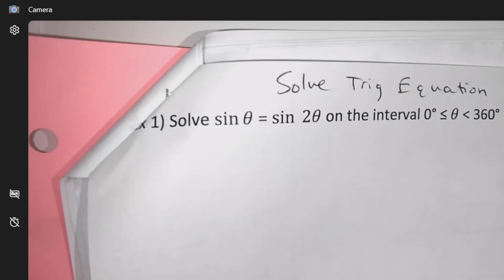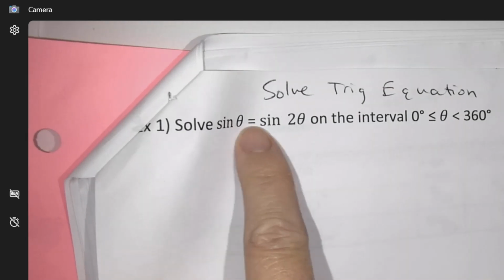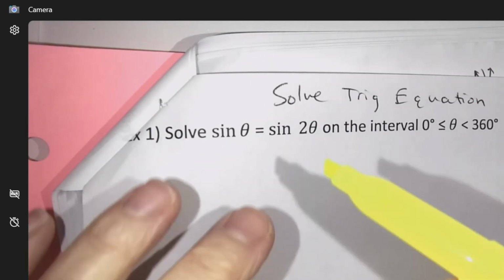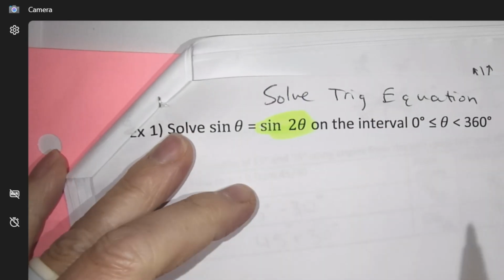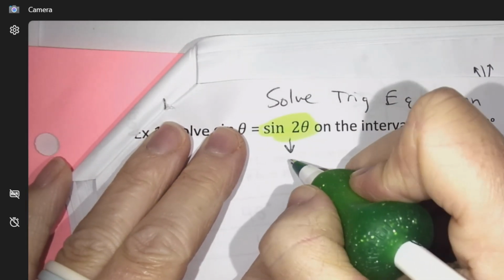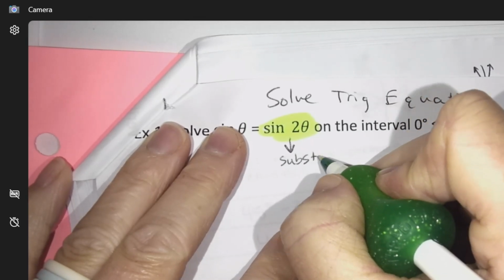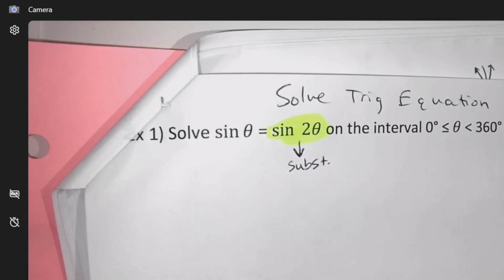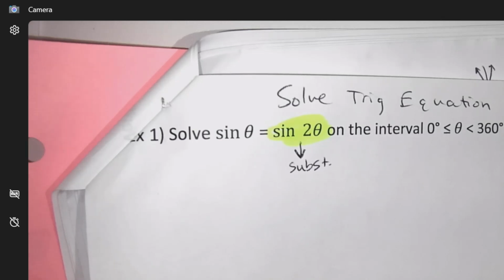We can't figure out the angle part when we have an angle and a double angle. So what we're going to do is we're going to take an identity and we're going to make a substitution. Okay, so this is the layer that we're adding.